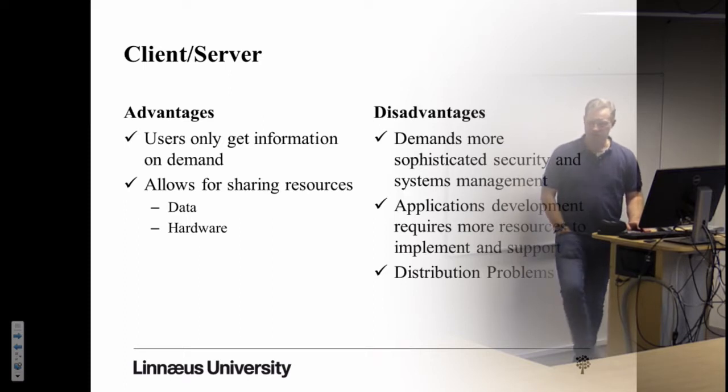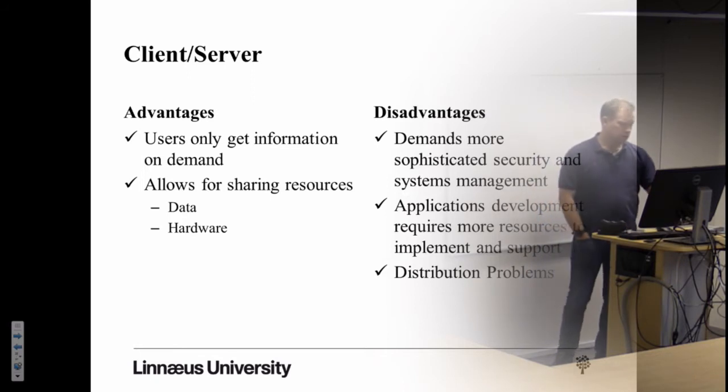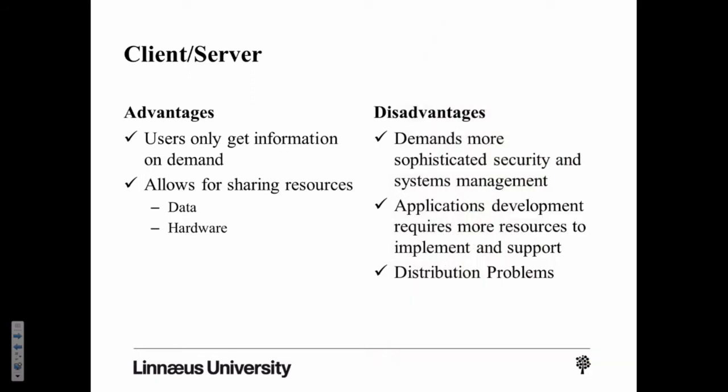The disadvantages on the right-hand side there, some of them we discussed before. But I tried to add a couple of concerns here that we haven't talked too much about.